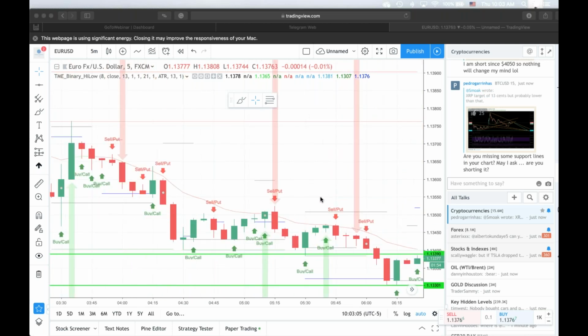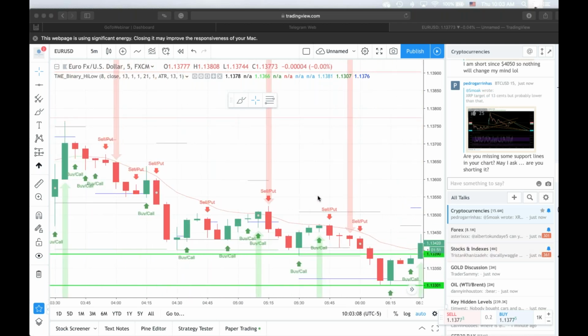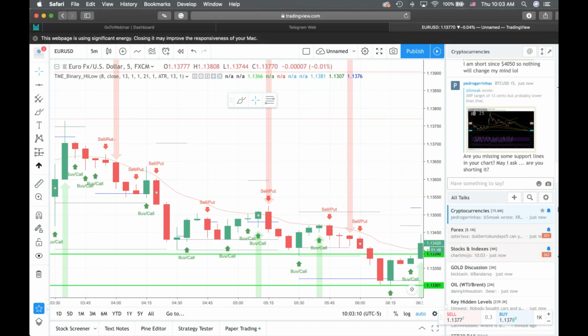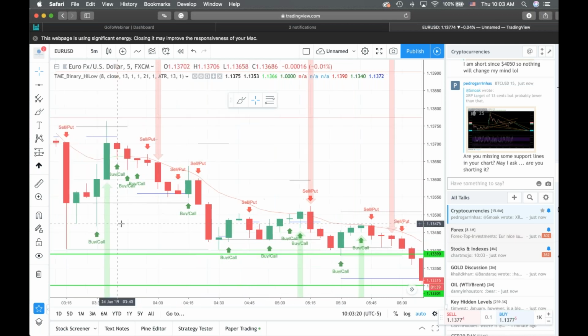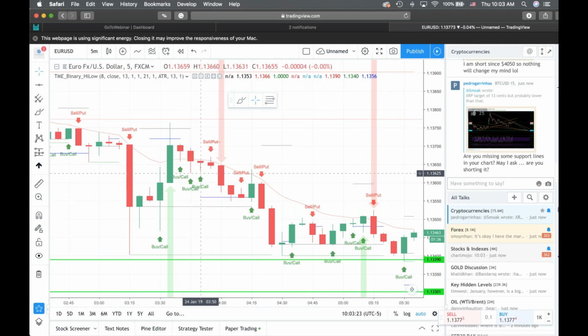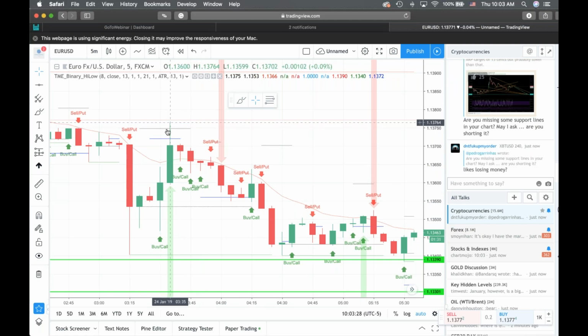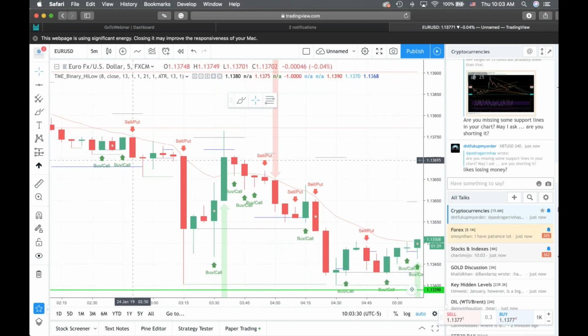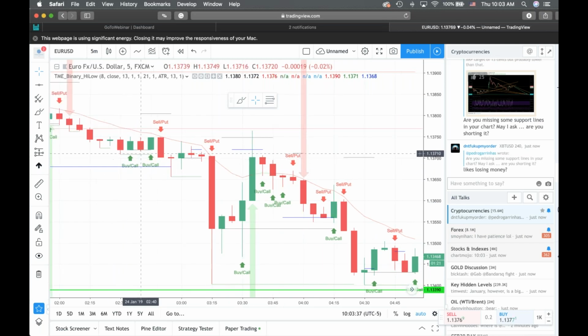Let's go back a little bit. Trying to look for something that was pretty obvious. It's very important to follow the horizontal lines. You need to be a little bit patient because you will see a lot of arrows, but not a lot of time that the actual candle will touch the line.